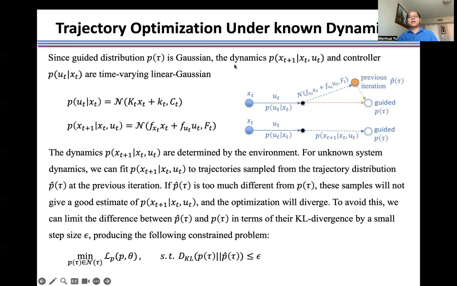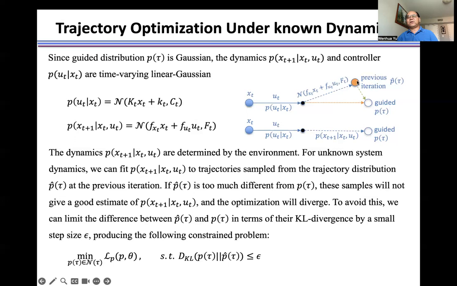So we can express the dynamics and the controller as time-varying linear Gaussians. In this formulation, this is a Gaussian distribution, and this is also a Gaussian distribution. Because we don't know exactly the system dynamics, at this state, based on this controller, we take this action, but we don't directly go to the guided state.